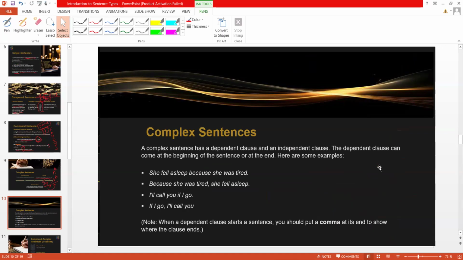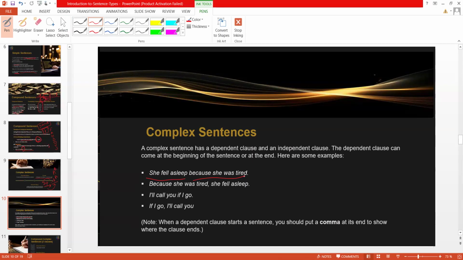Now see, as I have told you earlier, we can have an independent clause first and we can also have a dependent clause first. That depends on what we are writing and how we want to write. Now see, she fell asleep because she was tired. She fell asleep is an independent clause.